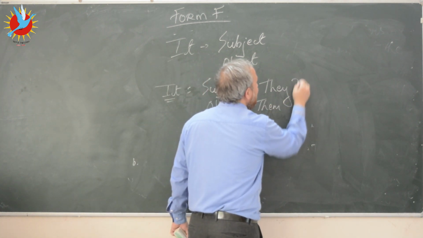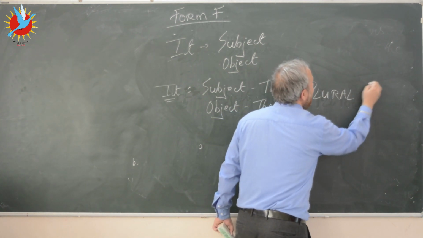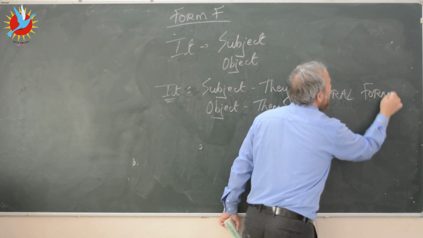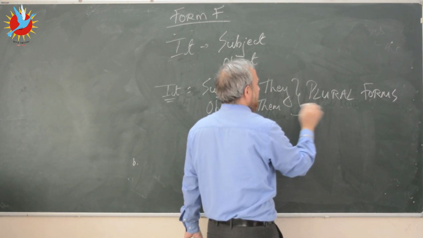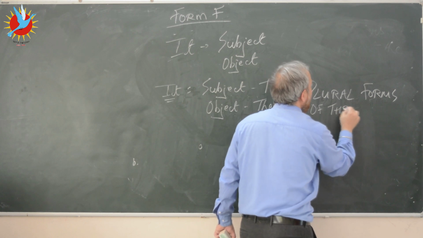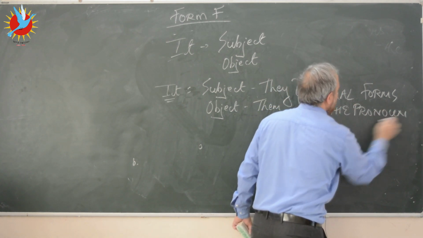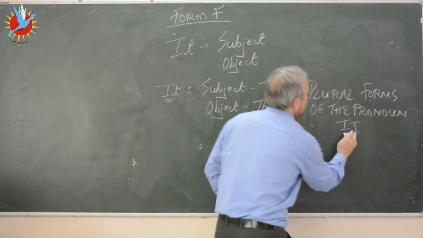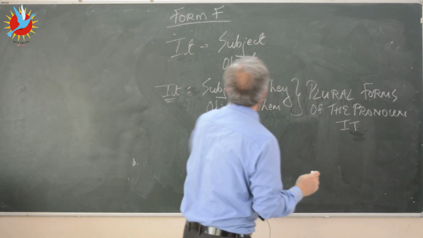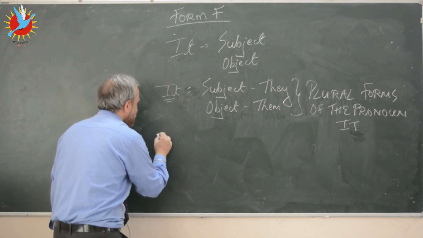These are the plural forms of the pronoun it. I will just write one example sentence on the board. Now I'll show you how it works. It's very, very simple.